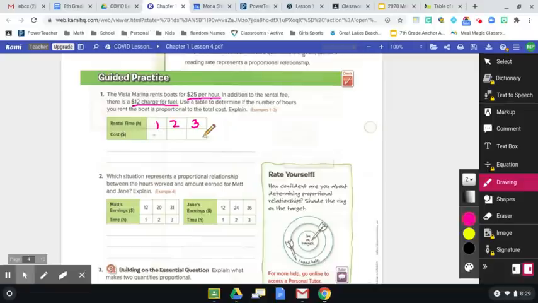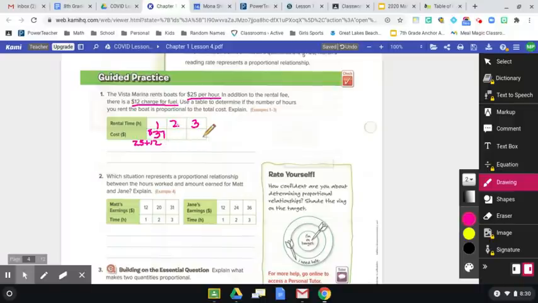So how much is that going to cost? So let's take a look at those 2 amounts together, 25 plus the $12 for the fuel. So added together, that's going to cost $37 for 1 hour of using the boat.